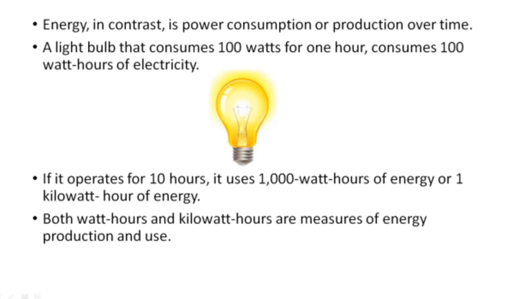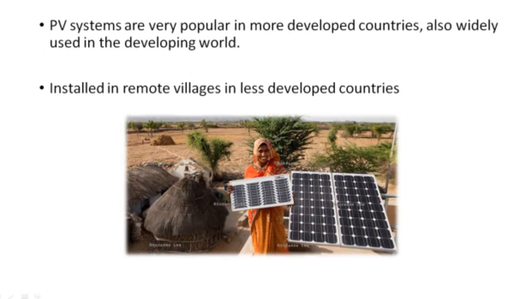Railroad signals and aircraft warning beacons are also often solar powered. While PV systems are becoming very popular in more developed countries, they are also widely used in the developing world.